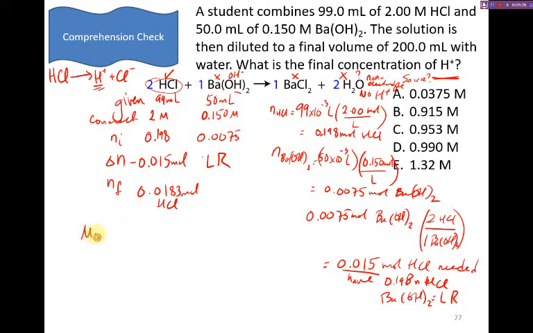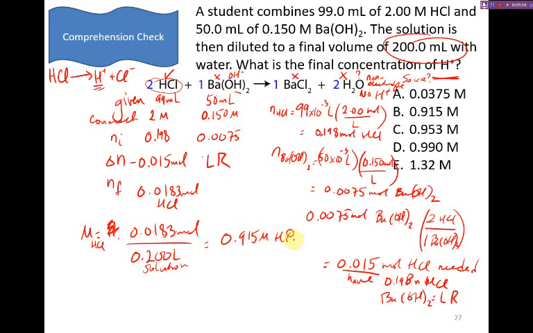That would mean then that the concentration of hydrochloric acid is equal to 0.183 moles over the volume in liters, which we're told is 200 milliliters, 0.2 liters of solution. That gets us then a concentration of 0.915 molar HCl. And since we saw already that it's a 1-to-1 ratio, then that means that that's also the concentration of the hydrogen ions.